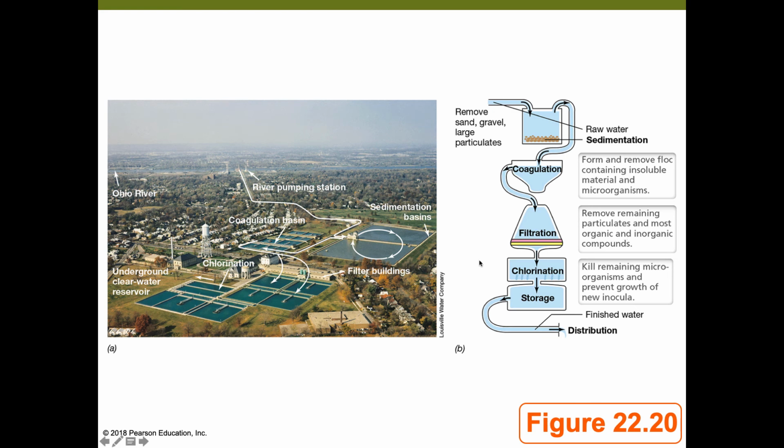And then you try to kill the remaining microorganisms and prevent growth of new microorganisms. In drinking water treatment facilities, we usually accomplish this through chlorination. So they add chlorine to the drinking water to keep microbial growth down.